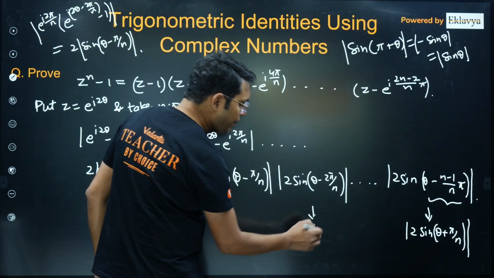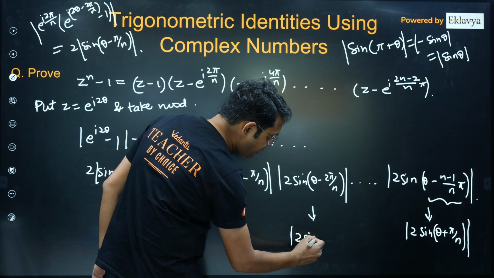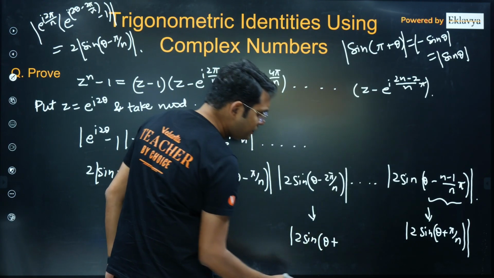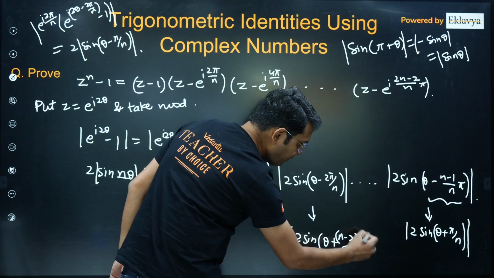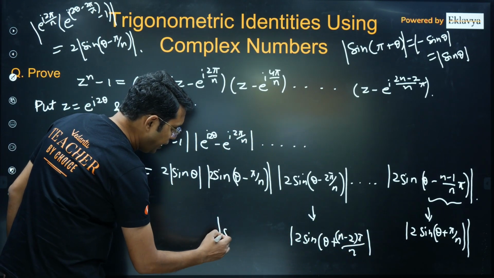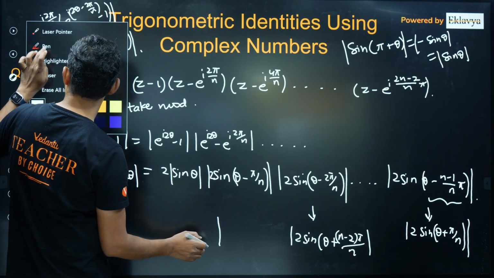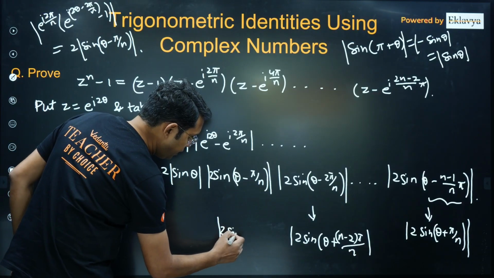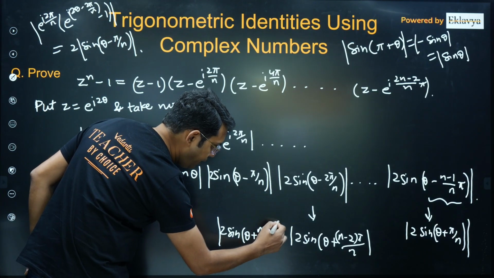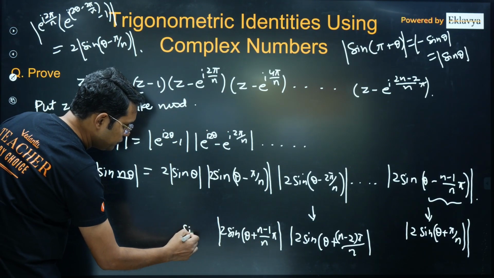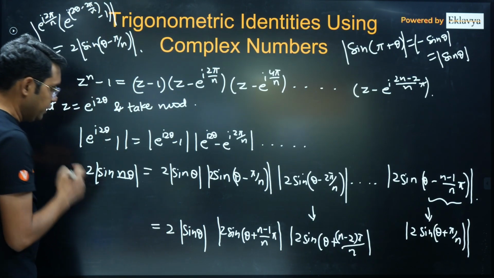Similarly, if I keep adding pi to all of them, it will be 2 sine of theta plus n minus 2 pi by n, and 2 sine of theta plus n minus 1 upon n into pi, and this I will leave as sine theta only, into 2 here also. Okay, so this is what we are getting.